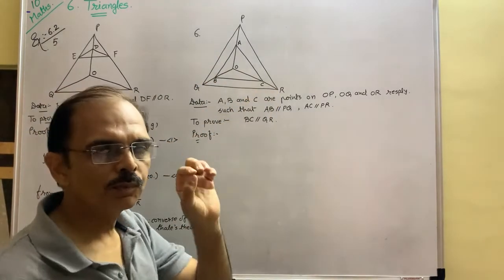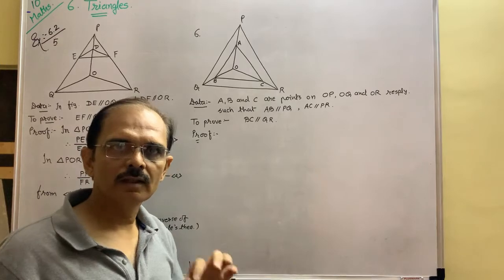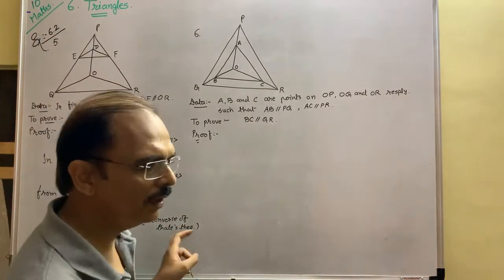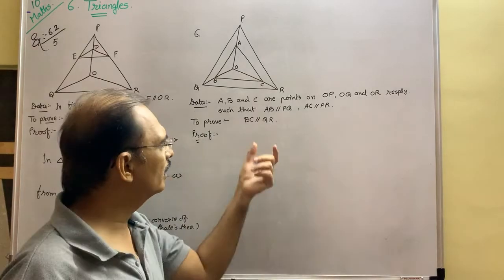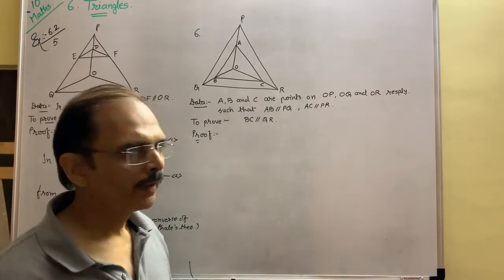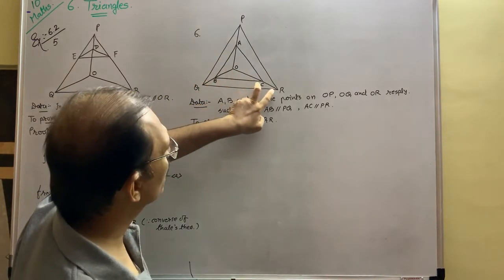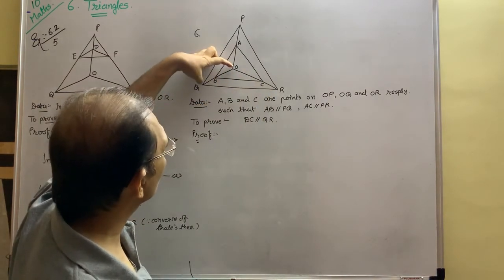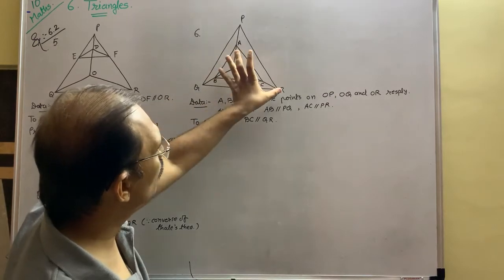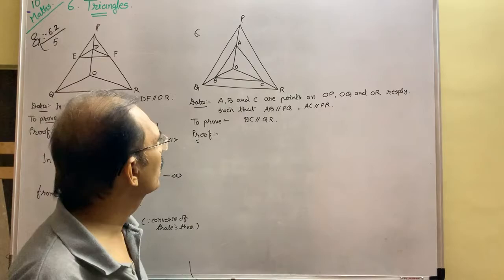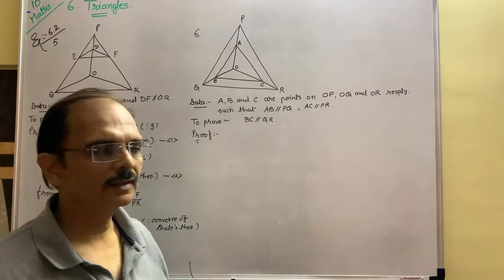If you prove that in triangle OQR the sides are in the same proportion, then according to the converse of Thales theorem, we can say that BC is parallel to QR. Which sides? OB upon BQ, OC upon CR, then BC is parallel to QR according to the converse of Thales theorem.